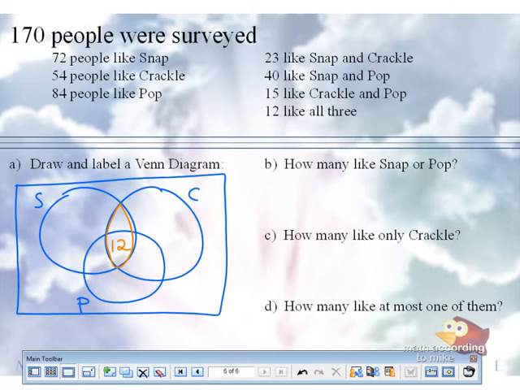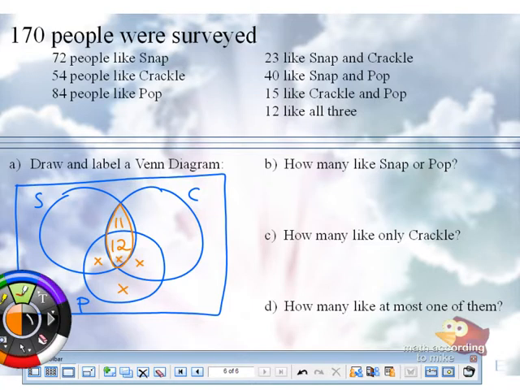These 2 sections combined have to add up to 23. We have 12 accounted for. So how many people are left over? 11. Sure, so the 11 means people that like Snap and Crackle, but not Pop. The 12 are the people that like Snap, Crackle, and Pop. Because they like all 3.